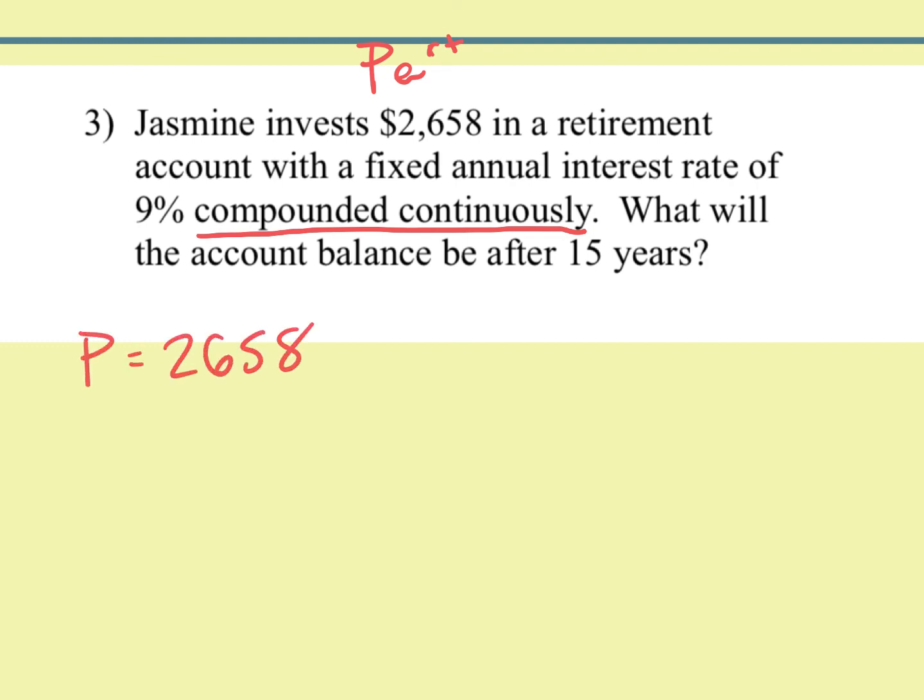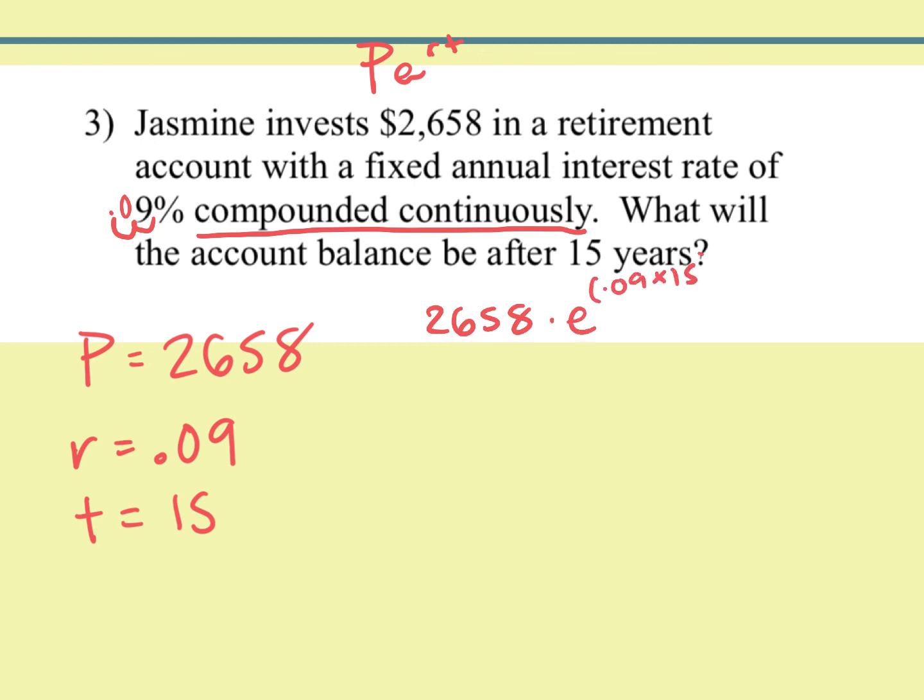What's R? 0.09, because remember we moved the decimal 2 times. And then what's T? 15 years. So 2,658 times e to the power of 0.09 times 15.